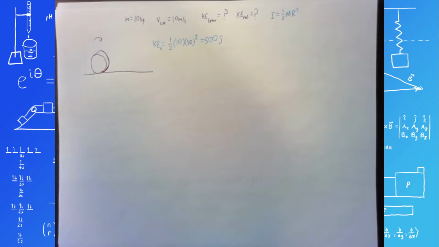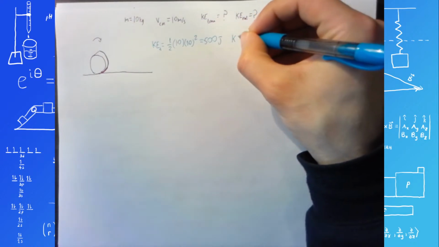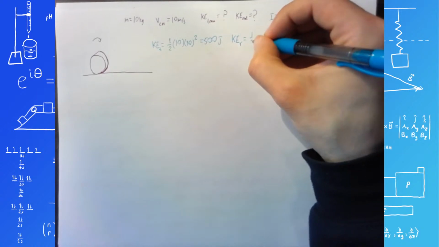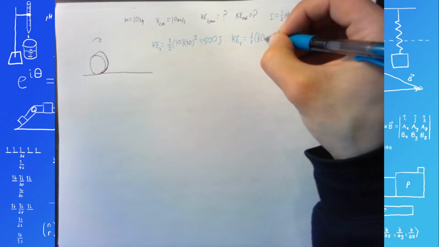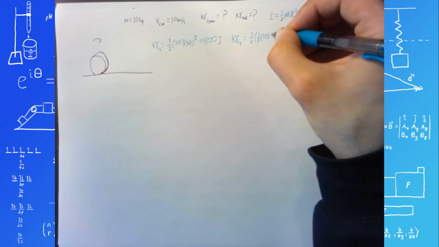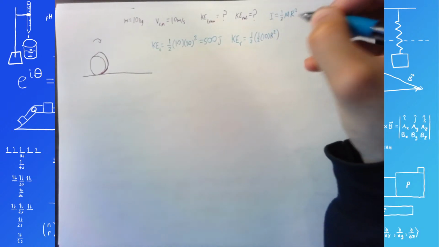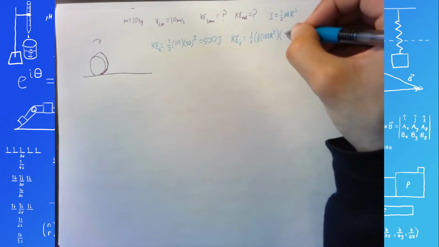Oh, that's something we need to do too. Let's check out the units for rotational kinetic energy and make sure that they actually check out. So kinetic energy translational, 500 joules. Kinetic energy rotational is going to be 1/2 times 1/2 times 10 times r squared times omega squared.